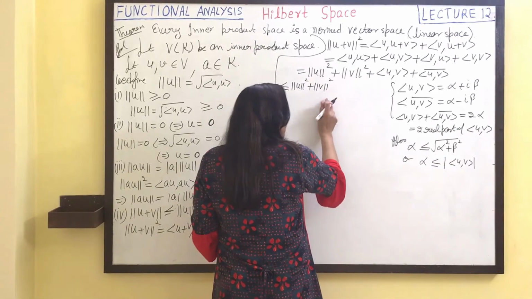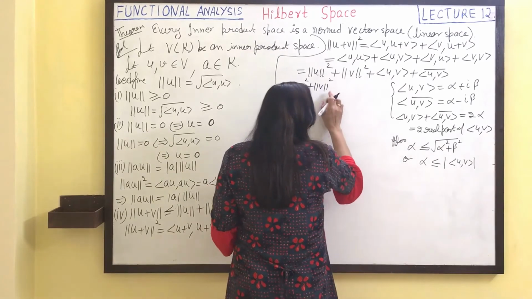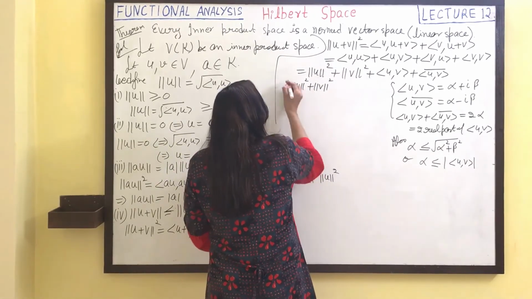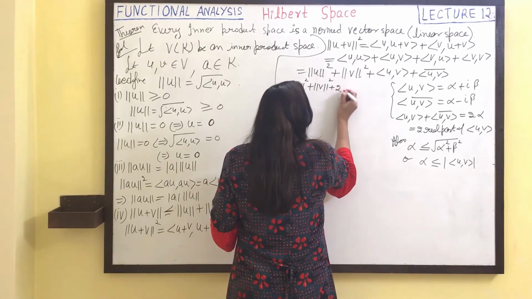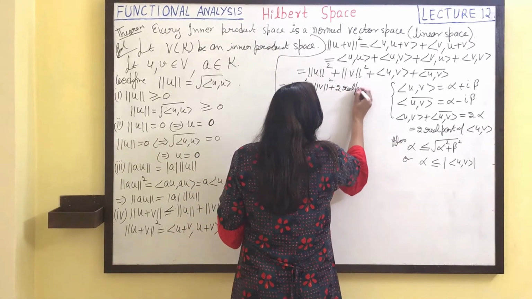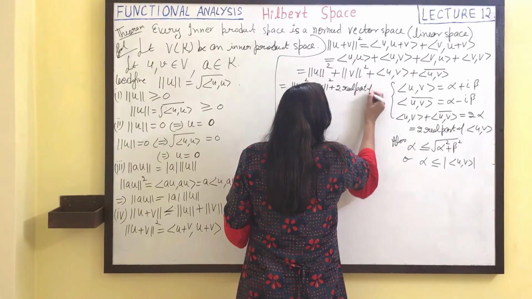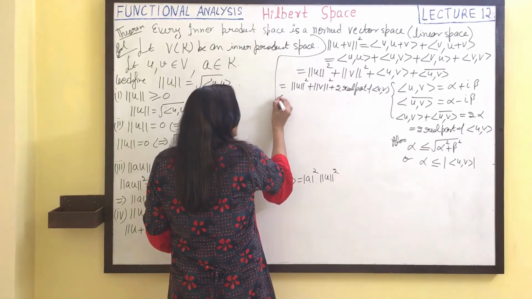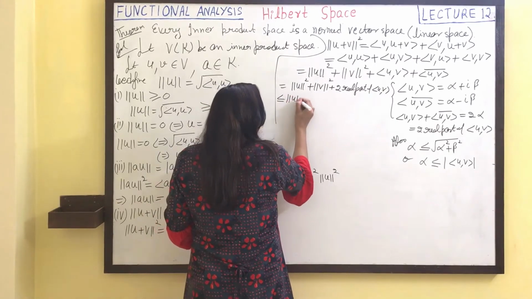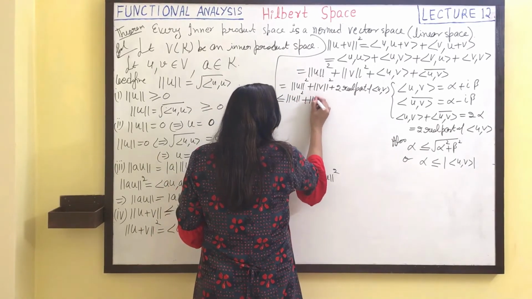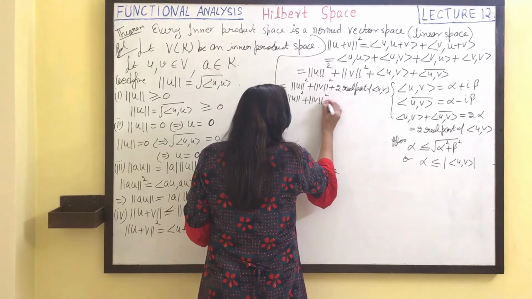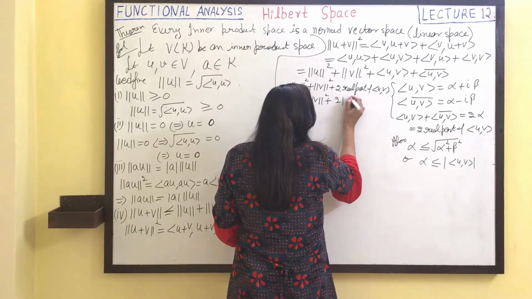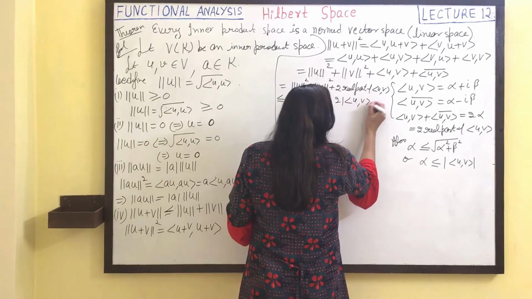So initially you can write it as twice of real part of u comma v, and later on we can write it is norm u squared plus norm v squared plus twice of mod u comma v.